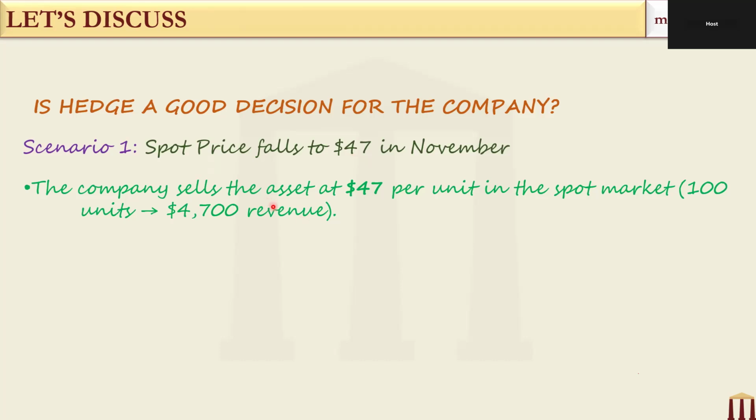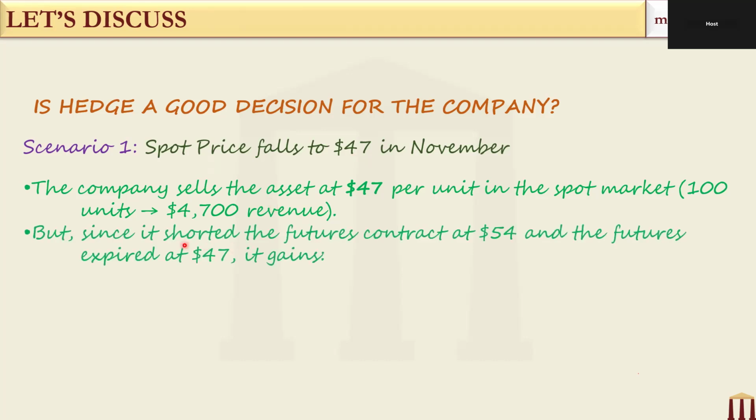But since the company has hedged at $54 and the futures expired at, say, any price, because it is possible that even the futures price might be changing. In fact, it would be better if instead of futures we had taken a forward, because we have all discussed that futures prices change every single day.